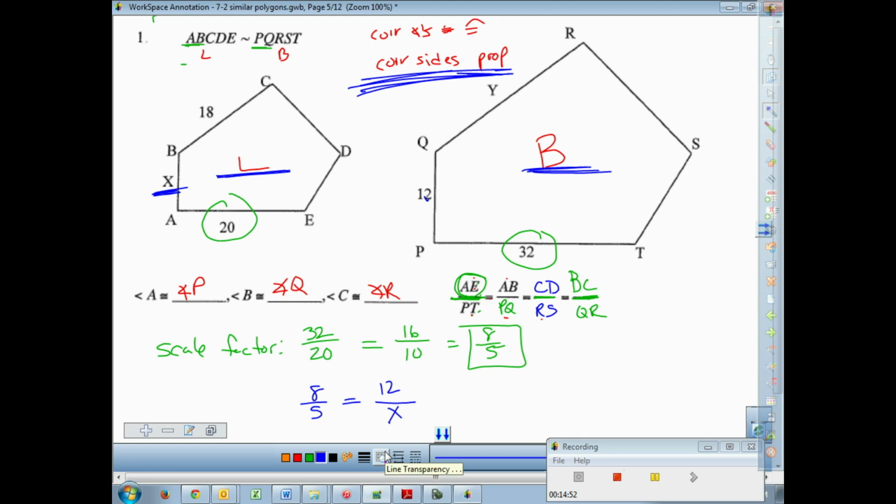Now, how do you solve that proportion? Cross multiply. So 8x equals 5 times 12. Isn't that 60? Correct. And then divide by 8. That come out nice? Yes or no?